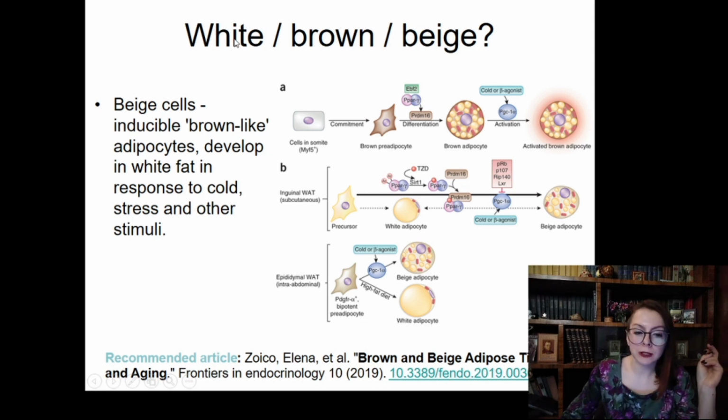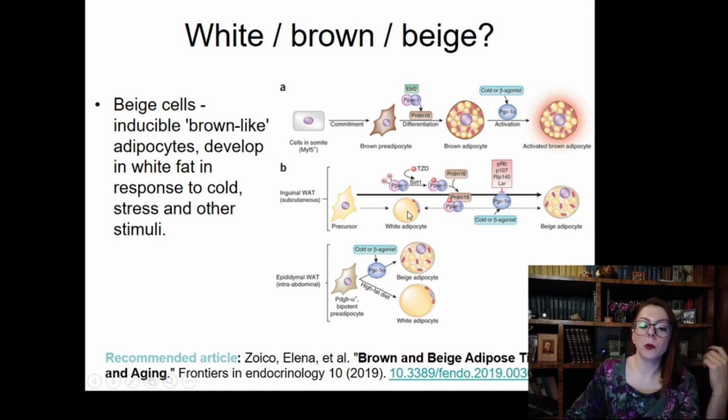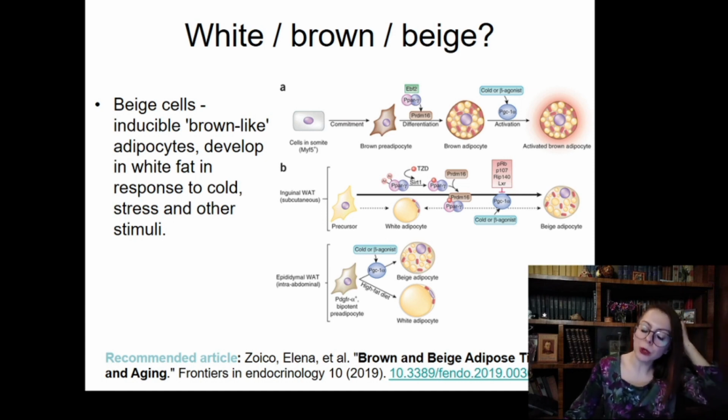But white cells could transform into beige under stress and cold, as I have said. And this event is accompanied by breaking down of one single lipid droplet into many, appearance of mitochondria, and as a result, white adipocytes burn their lipid and transform into a brown-like appearance.